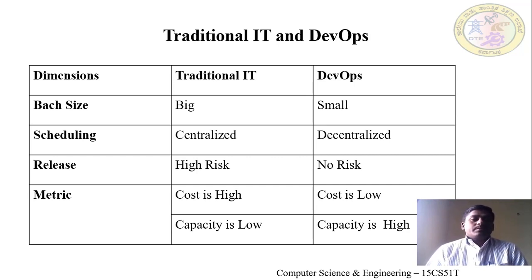Scheduling in traditional IT is centralized; it is decentralized in DevOps. In release, traditional IT has high risk; in DevOps, no risk. Cost is high in traditional IT and low in DevOps. Capacity is low in traditional IT and high in DevOps.